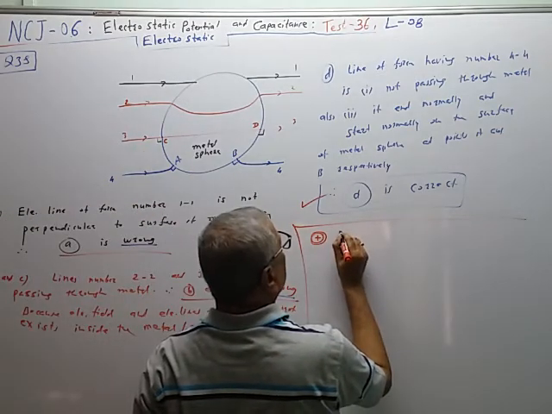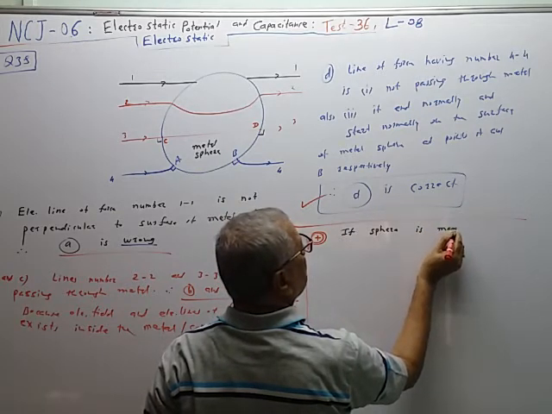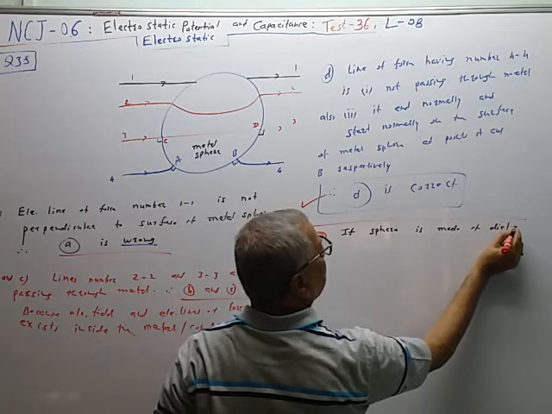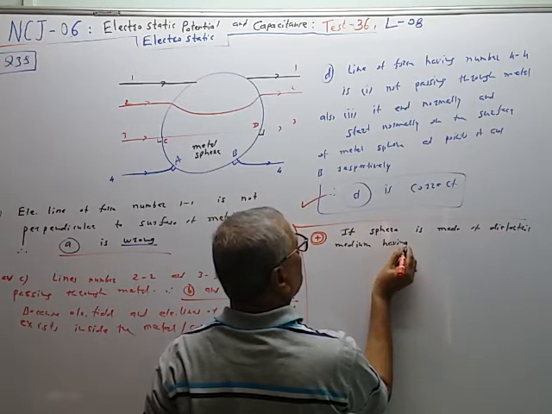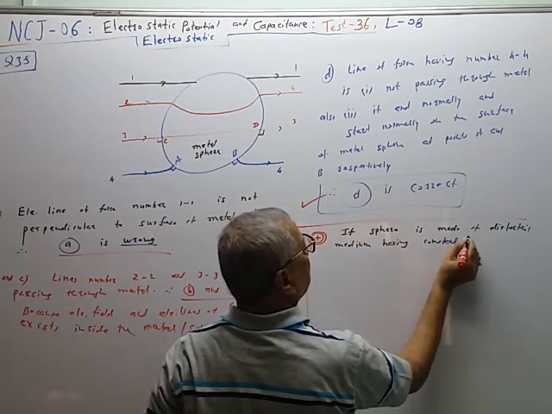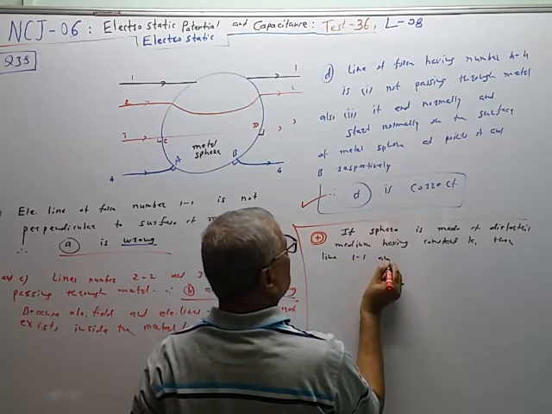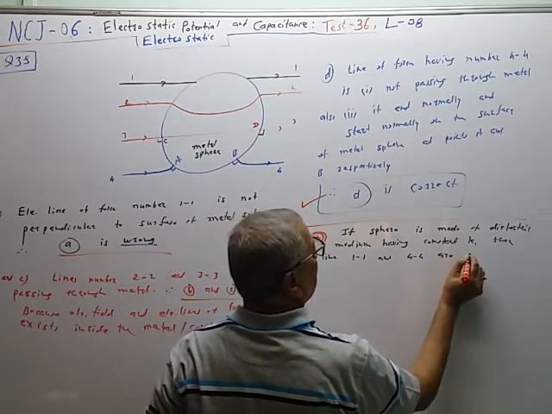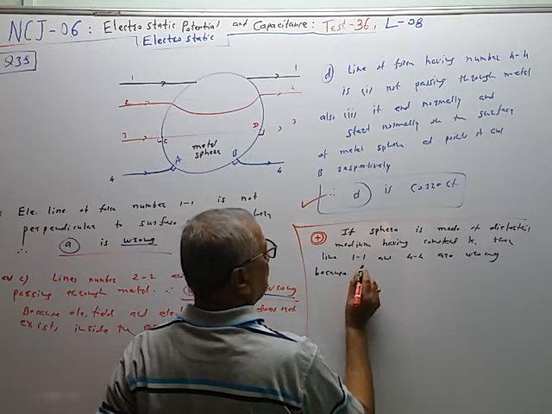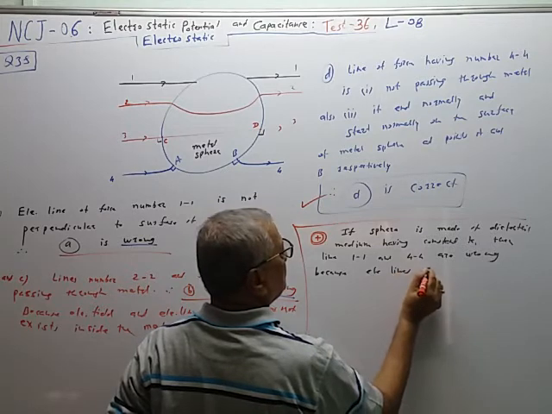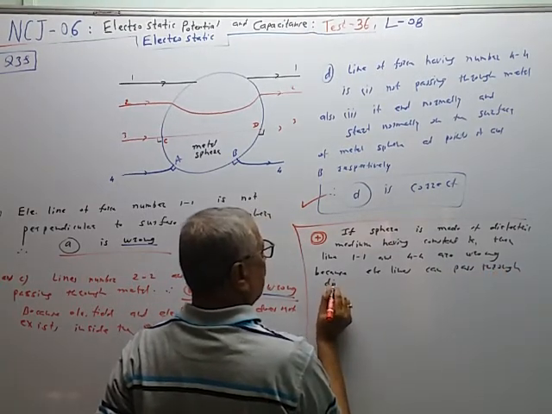So if the sphere is made of dielectric medium having constant K, then line 1 and 4 are wrong, because electric lines can pass through dielectric.